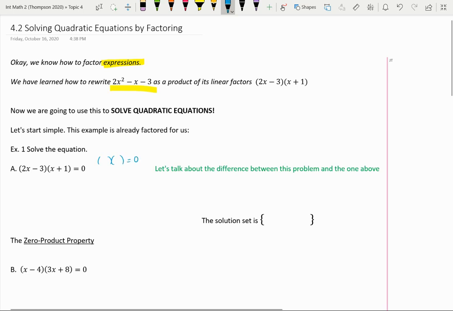The only way I can have that be true is that one of these has to be 0, or both of them. So I'm going to take each factor, 2x minus 3, and set 2x minus 3 equal to 0. And then I'm going to take the other factor and set x plus 1 equal to 0.